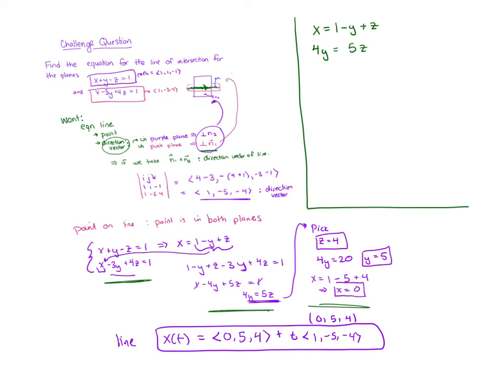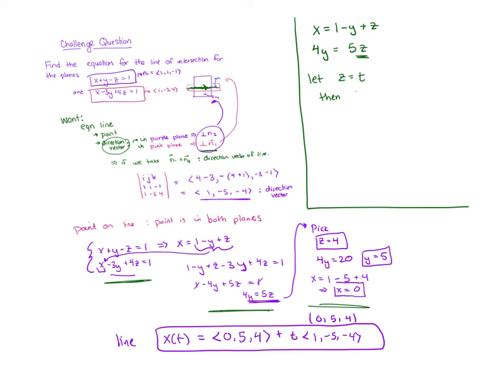So now I could also just let one of these be my parameter. So let's say let z, because that one's kind of easy to solve for here, equal t.